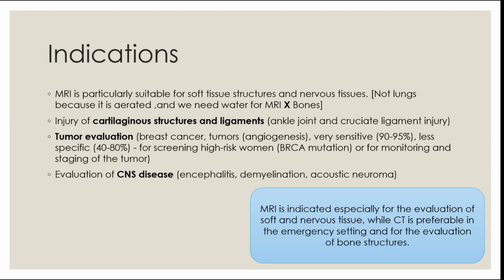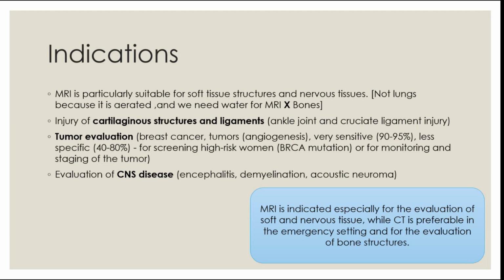As we said, MRI is mostly for the soft tissues in your body or in the brain. Not really for the lungs because they have a lot of air, and the most important thing we need in order to visualize something on MRI is water.